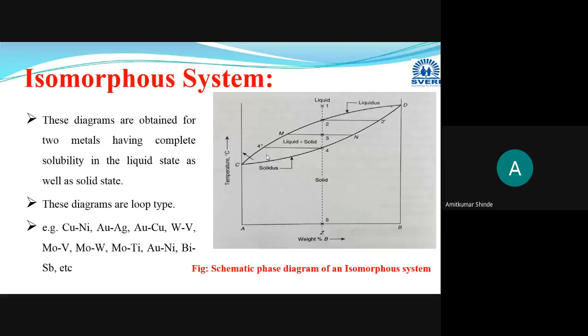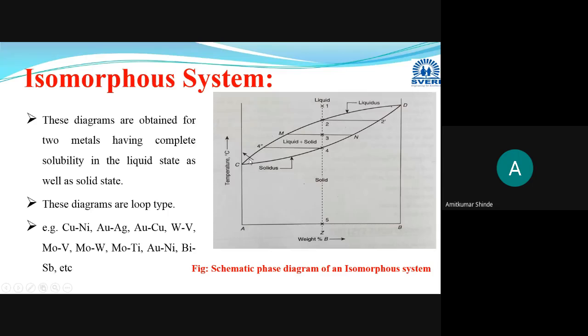You have to first explain in these diagrams the nature of the solubility of both metals in each other in liquid and solid state. Then the shape of that phase diagram or equilibrium diagram, a few examples. Then you have to consider cooling curves in the different regions.